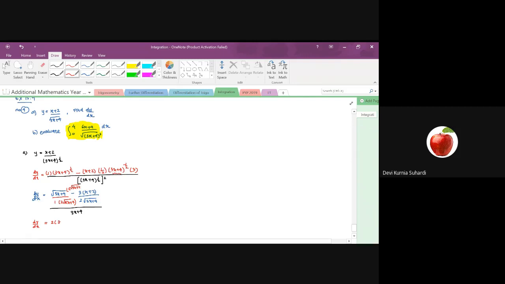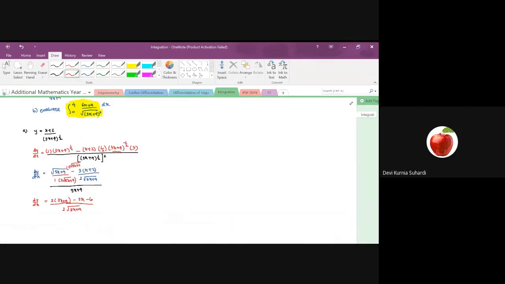2 times (3x plus 4) over, I'm going to multiply this and expand them, negative 3x minus 6. Okay, so here I have the same denominator already. Divided by 3x plus 4.